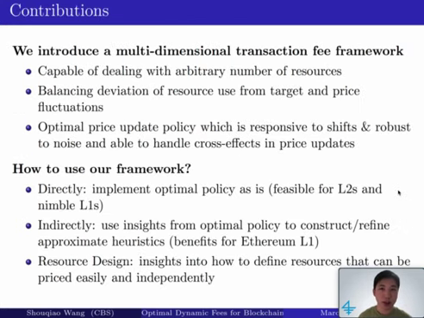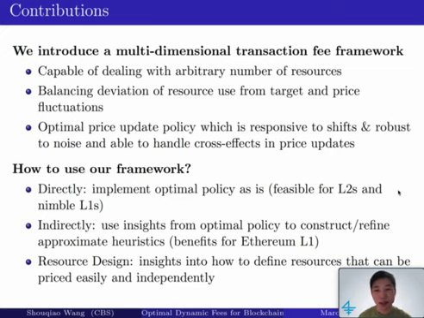The contribution of this work is that we propose a new multidimensional transaction fee framework, which is adept at managing an arbitrary number of resources, ensuring a balanced approach to the deviation of resource use from target and price fluctuations. And also it is optimal under our settings.